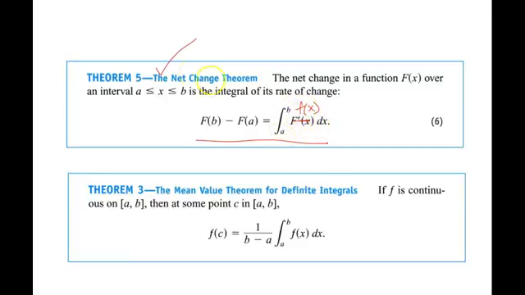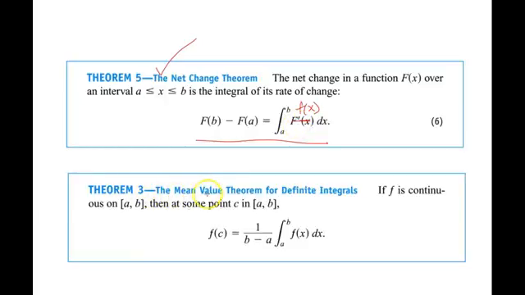So for the net change theorem, the only thing that changes now is that we can replace little f of x with the antiderivative of f and then take the derivative of it and replace it by being that. Okay, so not much new here.